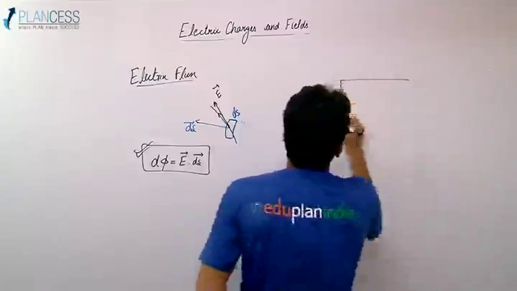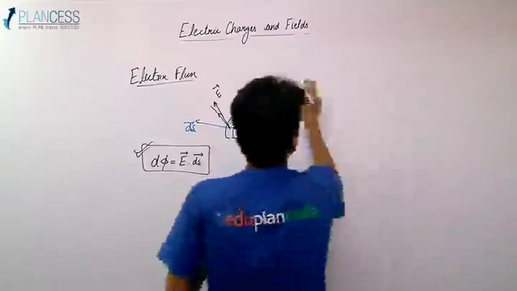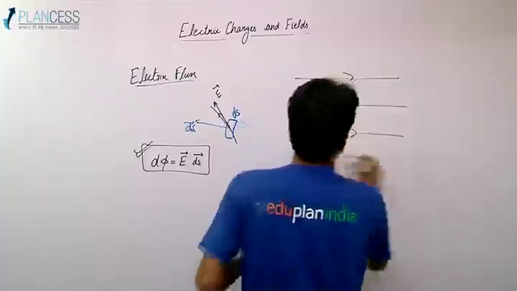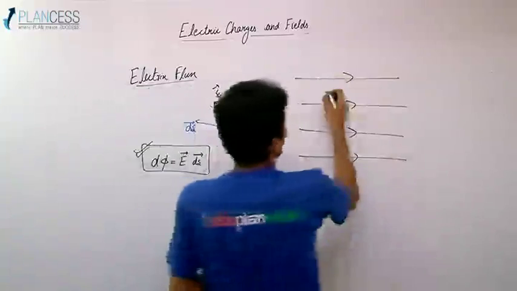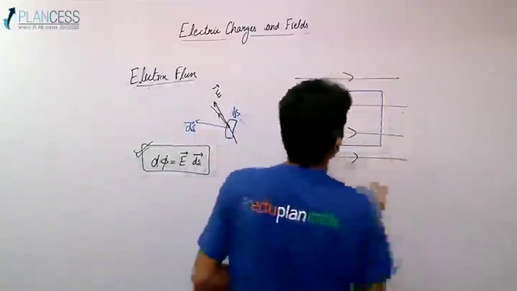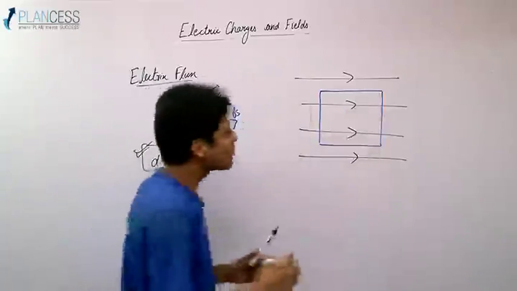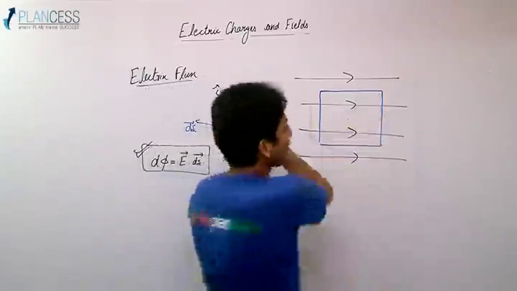Let us say that these are the electric lines of forces, like this, parallel to the plane of the board. Now, if I choose a rectangle or square which lies in the plane of the board itself, the ds vector would be coming out of the plane, and the E vector is here.